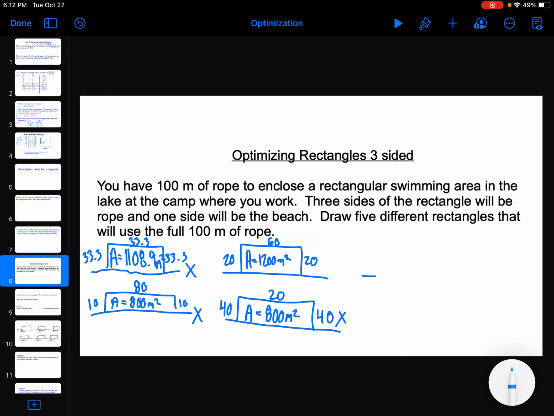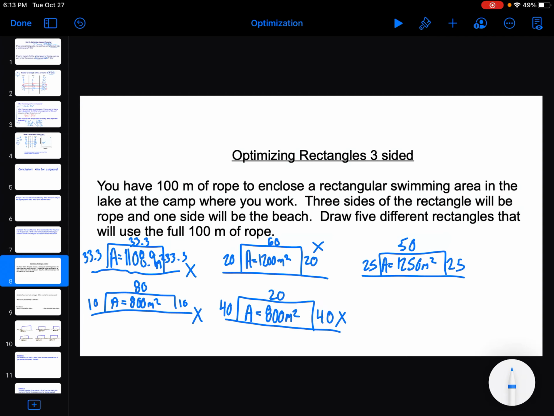Well, let's go kind of in the middle there and split the difference. If we did 25, 25, and 50, well, 25 times 50 is going to give us an area of 1,250. Now that's actually our best area.